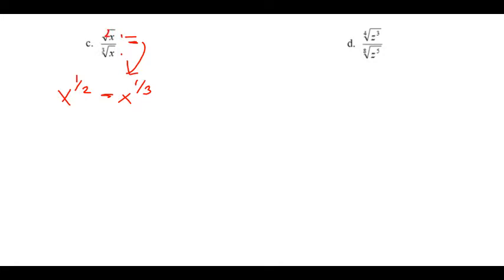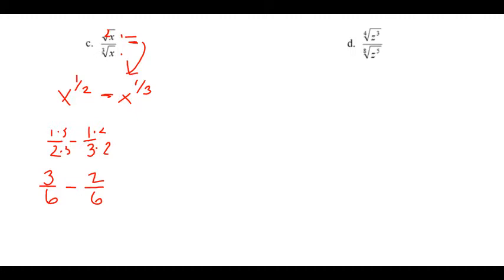So again, I'm going to subtract my fractions. I need to have a common denominator. So I have 1/2 minus 1/3. So my denominator is going to be 6. And I'm going to multiply by 3, so I get 3/6. I'm going to multiply by 2 and 2.